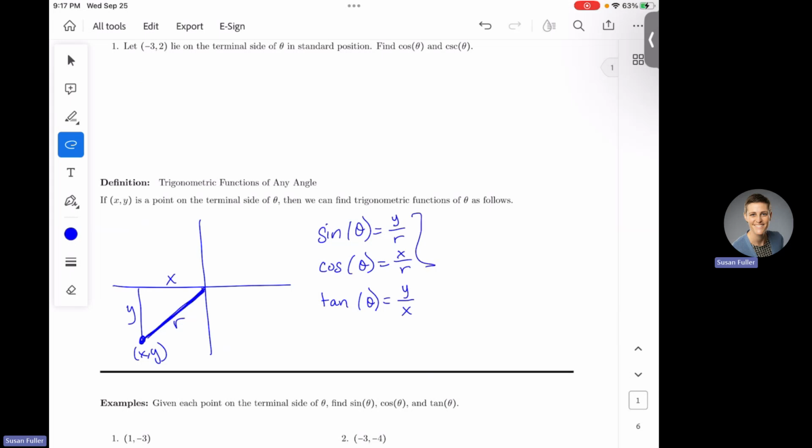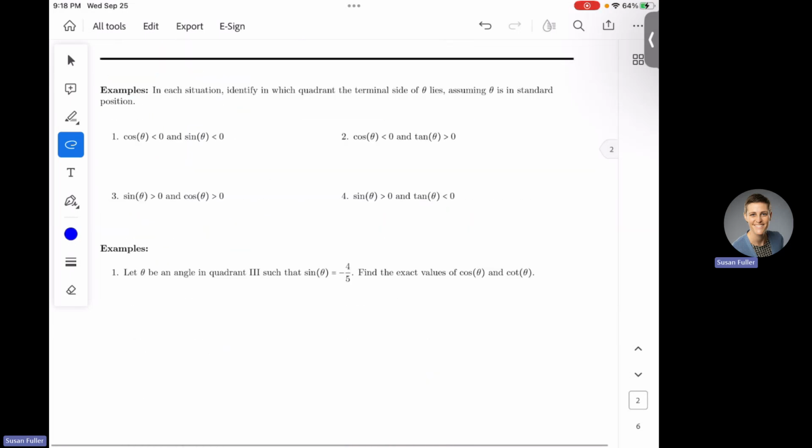These are still going to be in play here on the unit circle, but on the unit circle, our R value is just 1. So that's why the sine value is just Y, it's Y over 1. That's why the cosine value is just X, it's X over 1. And to find our tangent value, we would do the Y coordinate divided by our X coordinate.